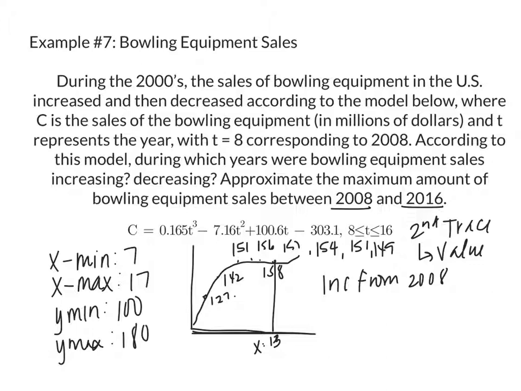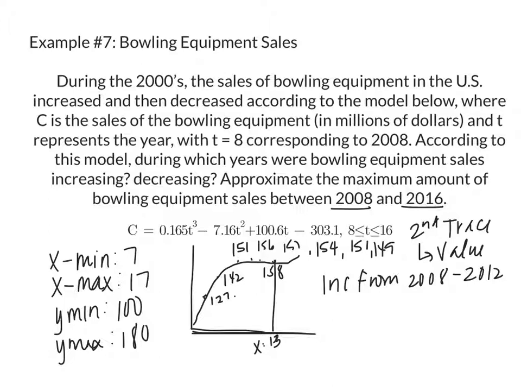Okay, so what I want to mention is 13 is where we see that it starts to decrease, but it actually starts decreasing before 13, at 12, because for example, if you put in second trace value and you type in 12.5, which is between 12 and 13, you'll get a number that has already begun to decrease. So we're going to say it increases from 2008 to 2012.